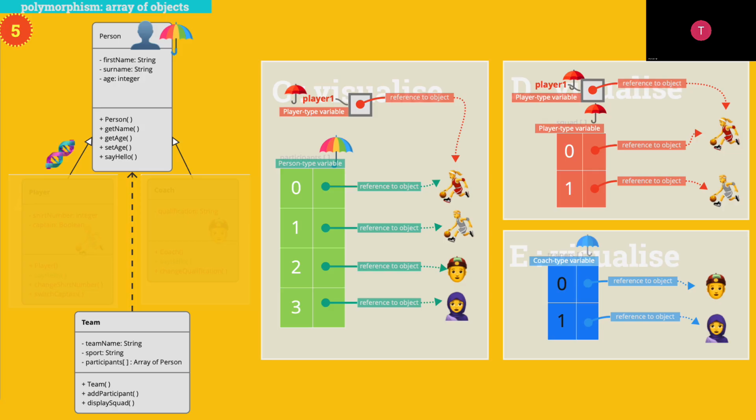Hiding those blocks A and B makes that really clear: participants can only use get name, get age, set age, say hello. They can use the overridden version of say hello, but they're not using the player and coach specific methods A and B. As Gordon said, there are always limitations, and it's not always appropriate just because it's the newest cool thing.